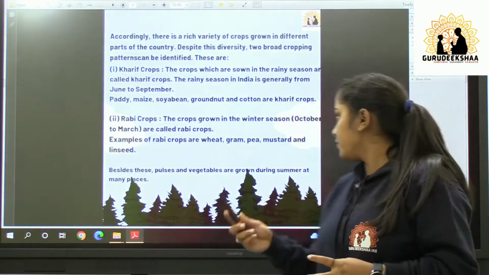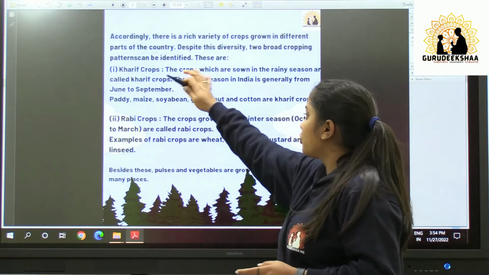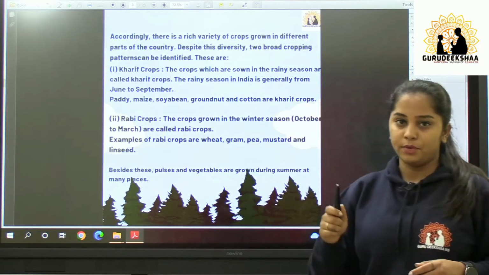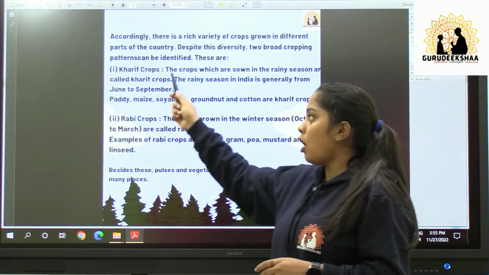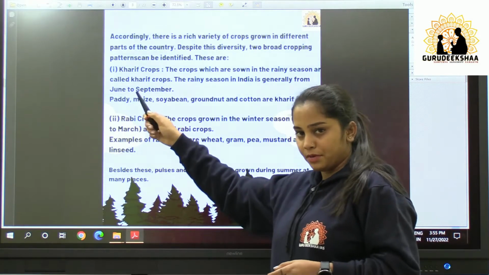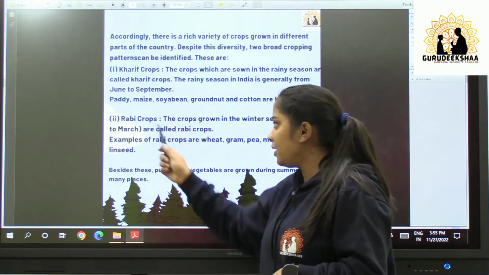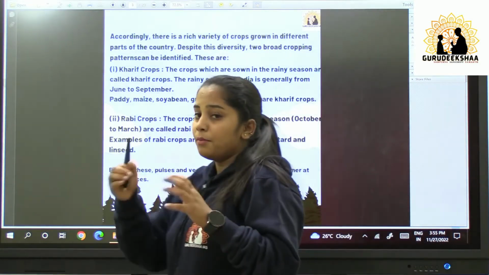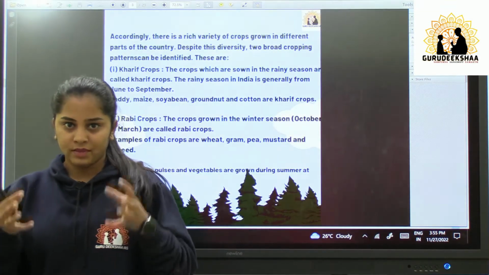Kharif crops are usually grown in the months of June to September. At the same time, rabi crops are grown from October to March. From March to June it is summer, we know.